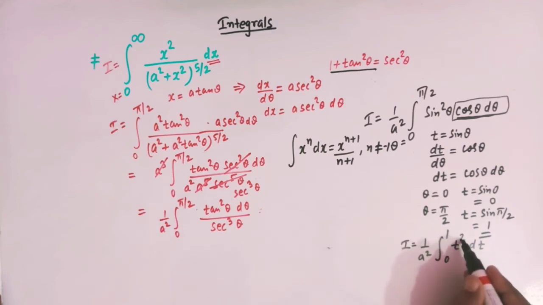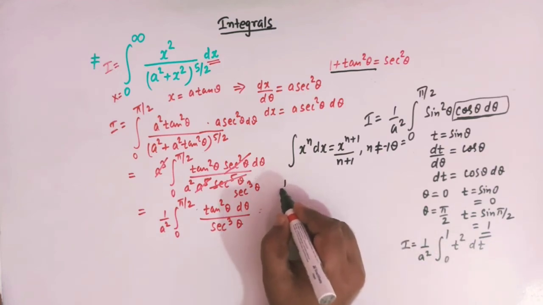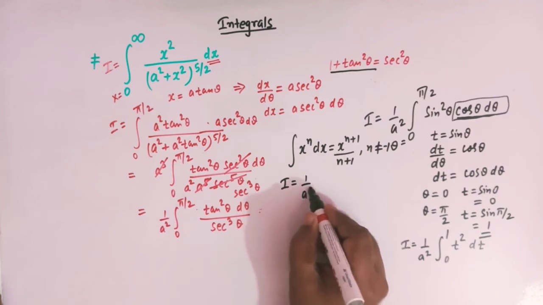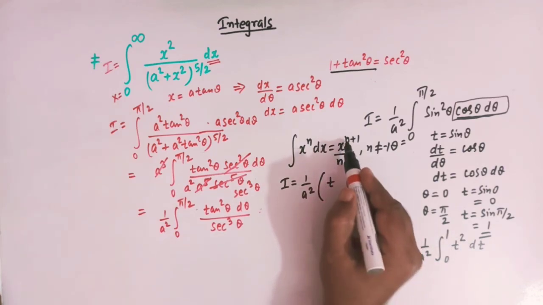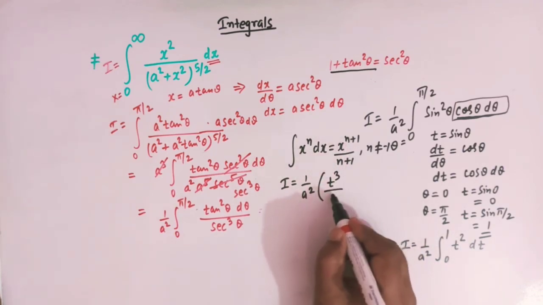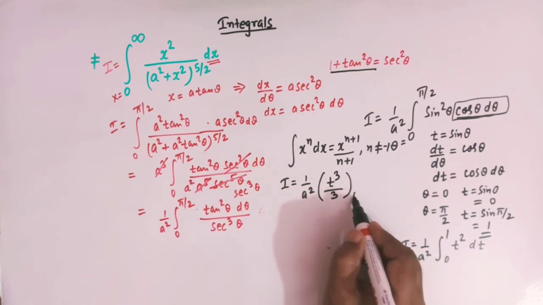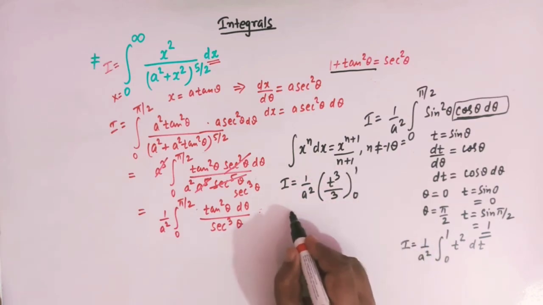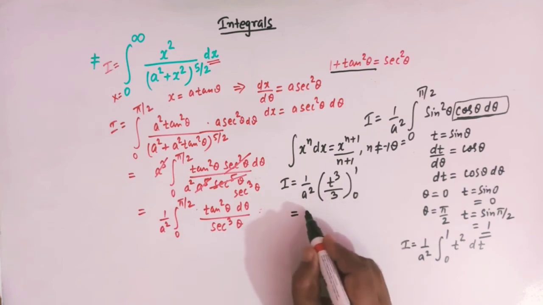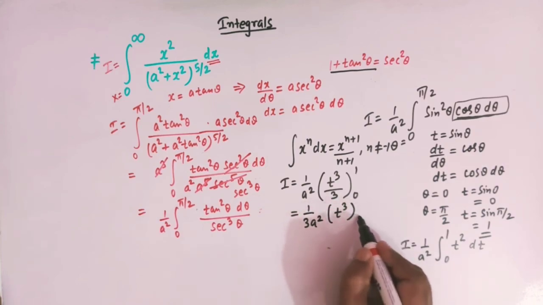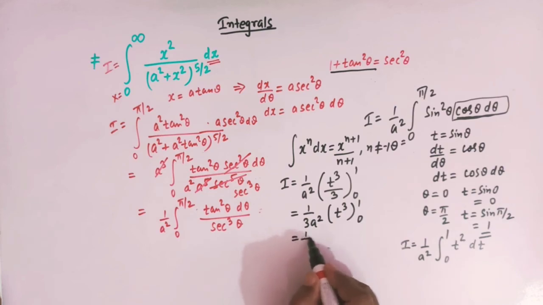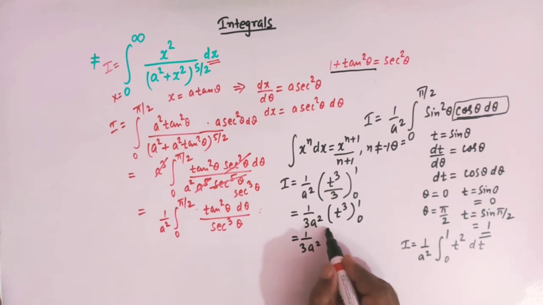So here we have t raised to 2, so I is 1 over a square, and the integral of t square, here n is equal to 2, so we have 2 plus 1, 3, divided by 3, and the limits are from 0 to 1, right? So now we can take this 3 outside, so we have 3a square here, and we have t cube, and the limits are from 0 to 1, so we can now substitute the limits.